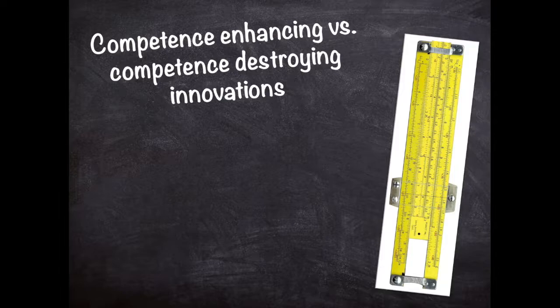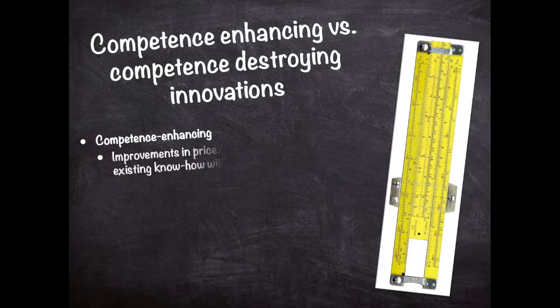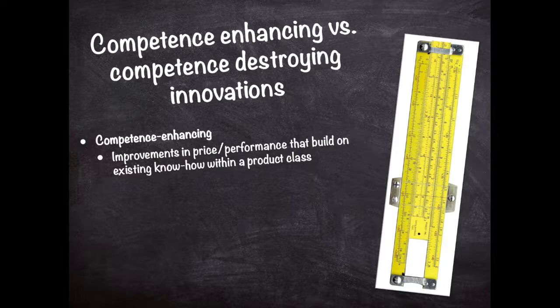Now we move on to competence enhancing and competence destroying innovation. Competence enhancing innovation would be improvements in price performance that build on existing know-how within a product class. So for one firm, an innovation would be competence enhancing if they can build on the existing know-how to produce the new innovation.